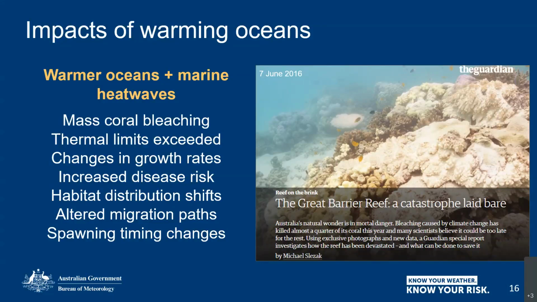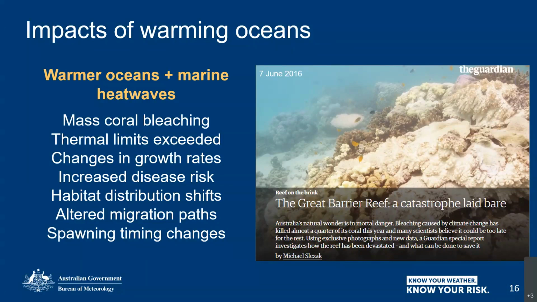Changes in growth rate and disease risk are strongly correlated with temperature. Habitat distributions and altered migration paths: fish are turning up in areas where they may not have been found before or are migrating through locations sooner or later in the season, and also changes to spawning.